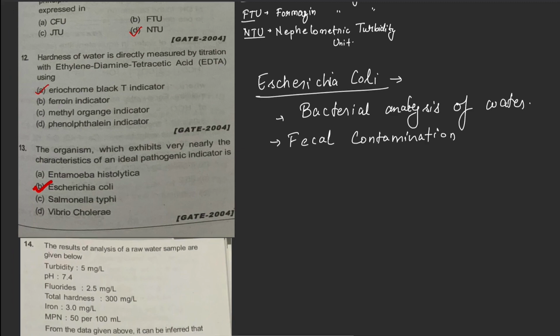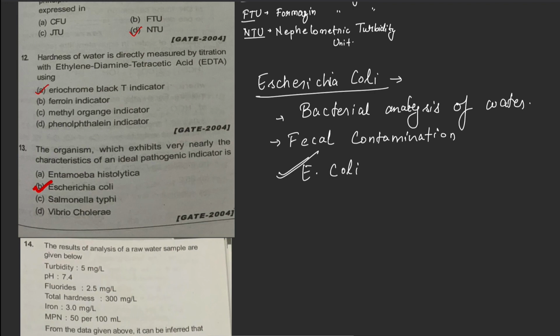It indicates the presence of fecal contamination. It is a type of bacteria that lives normally in the human intestine, and it is also found in the gut of some animals. Most types of E. coli are harmless and even help keep your digestive tract healthy. But some strains can cause diarrhea if we eat contaminated food or drink foul water.